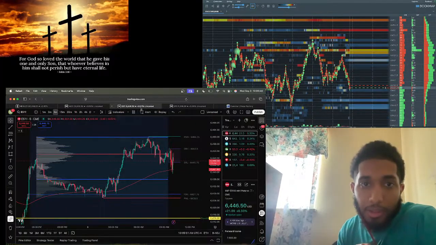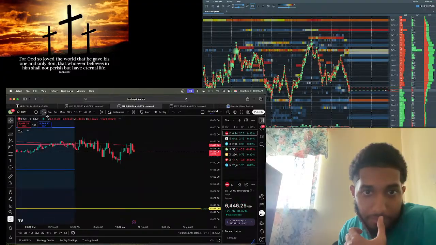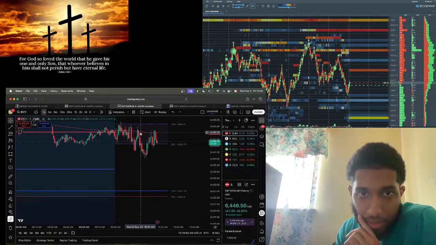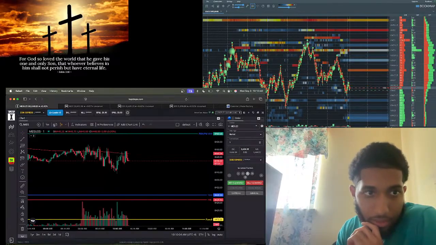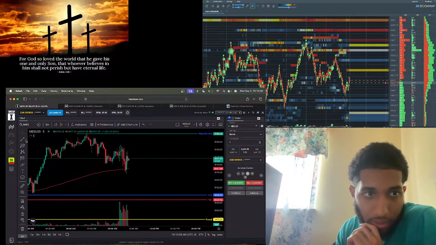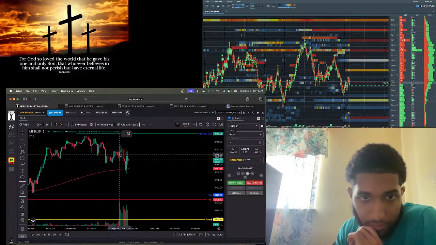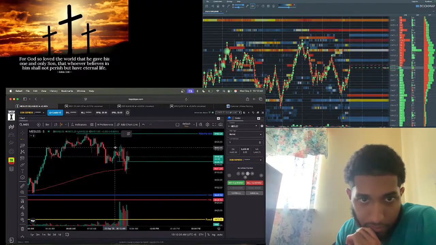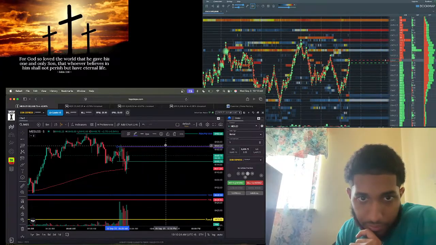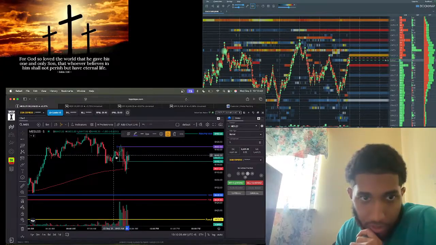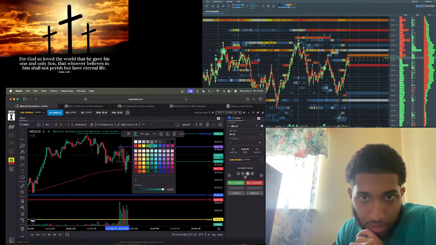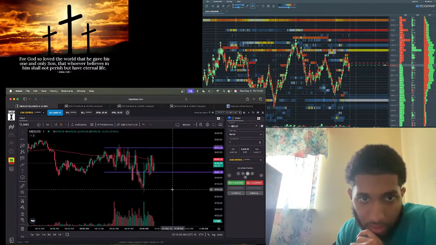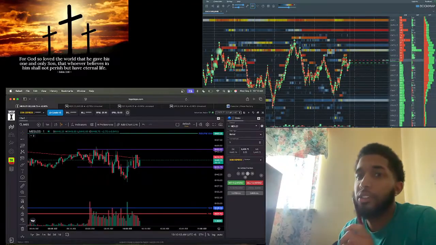I don't even got an opening range plot, but let's see what the opening range is doing. This is garbage. Damn, we just been trading in the opening range all day.